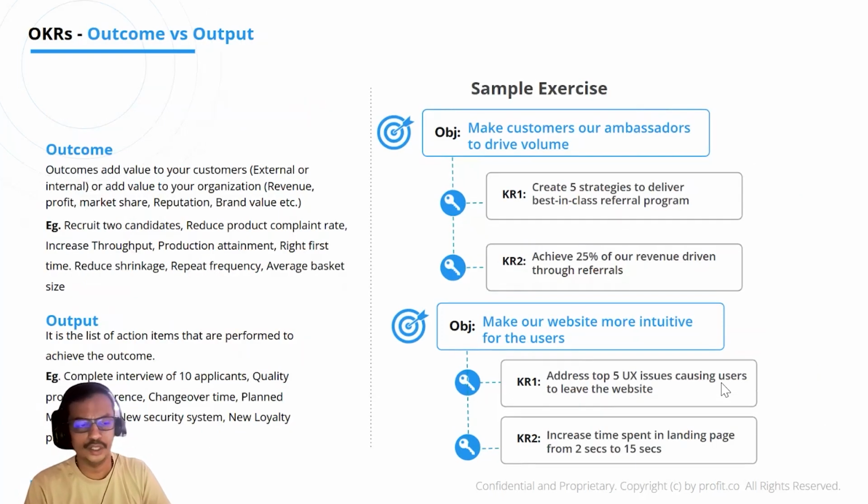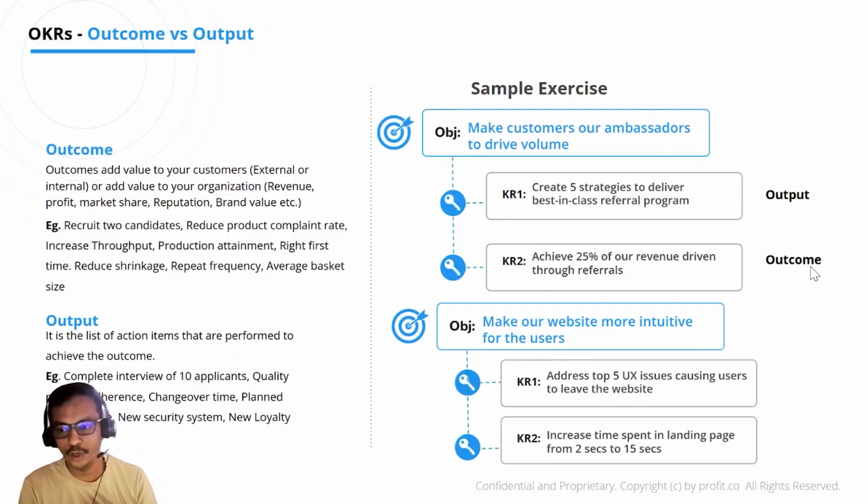And a couple of other examples which talk about outcome versus output. Making your customers brand ambassadors to drive volume, achieving 25% of revenue driven through referrals, is the outcome of this particular objective. It is adding value to your organization. In order for you to achieve this outcome, you will drive output activities like this.